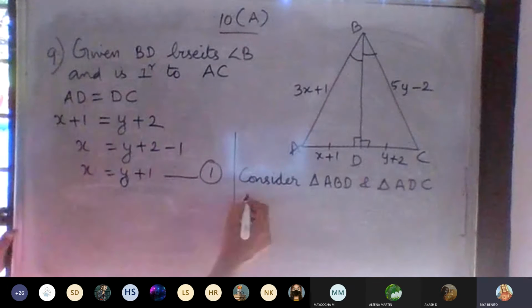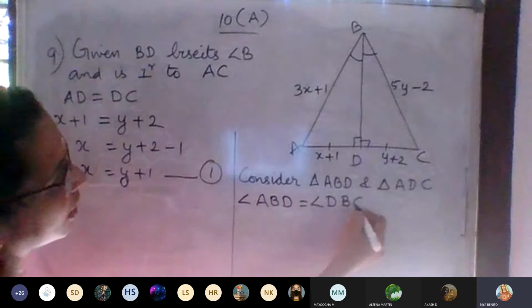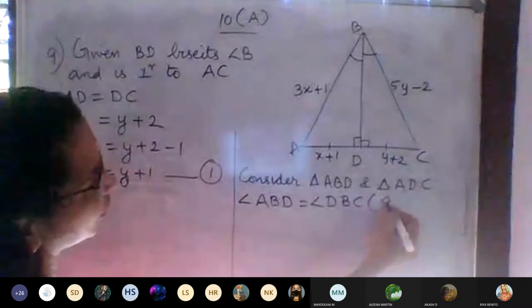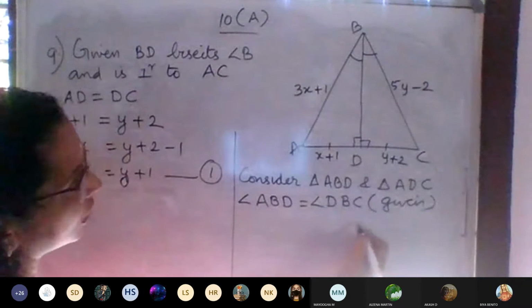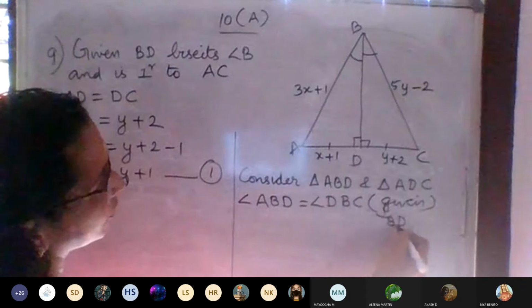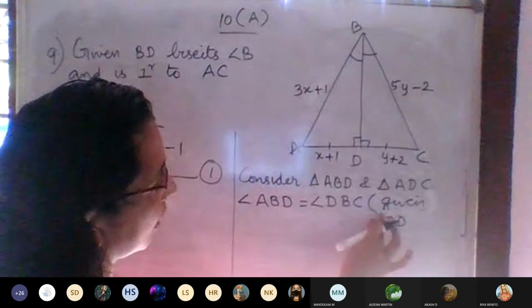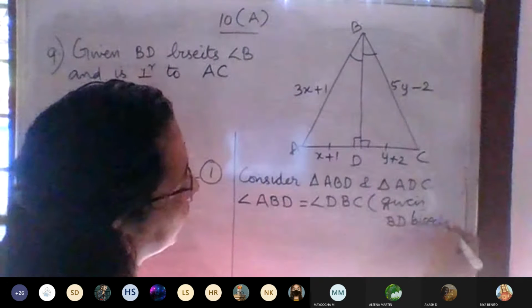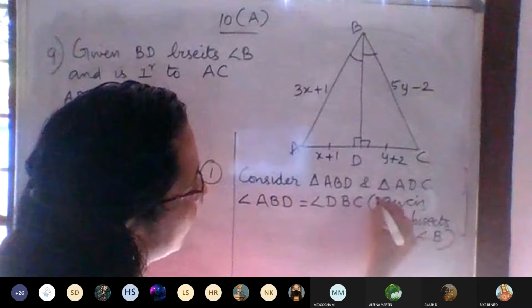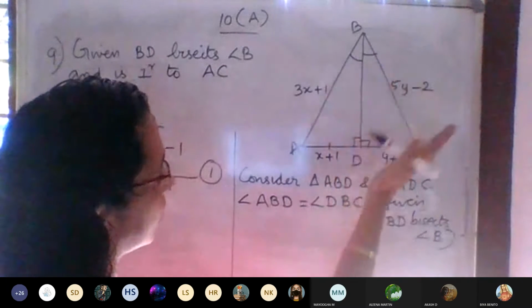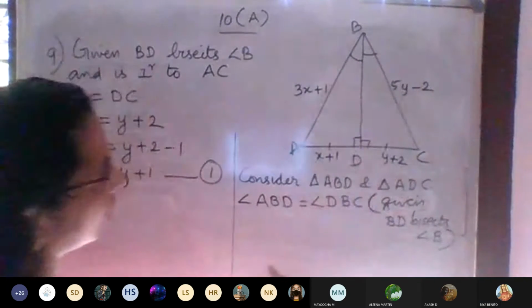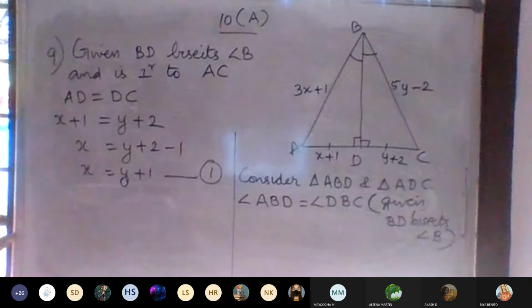Angle ABD and angle DBC. Both are equal, given because BD bisects angle B. That's why angle B is divided into two. So these two angles are equal, given.